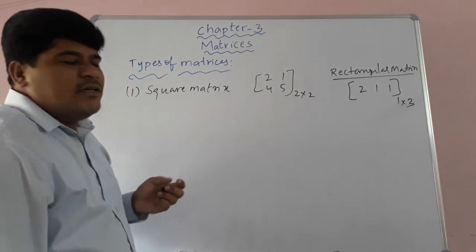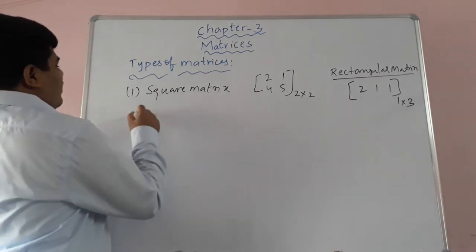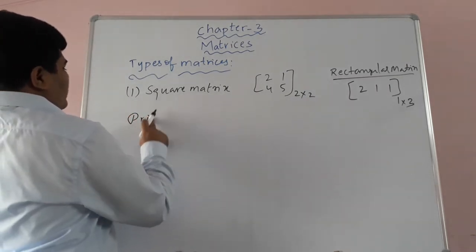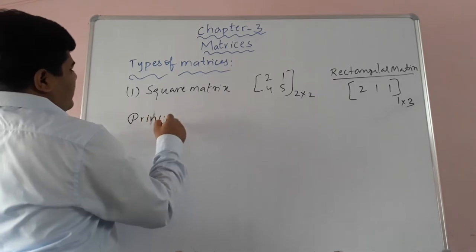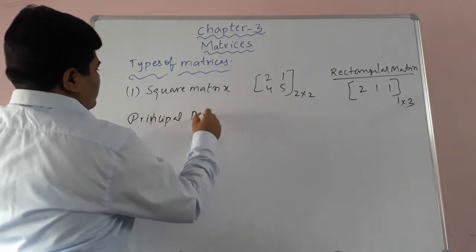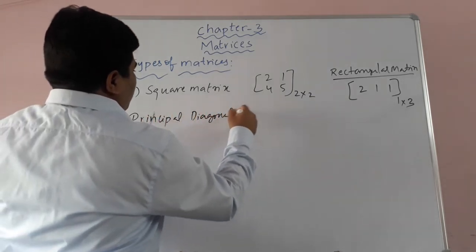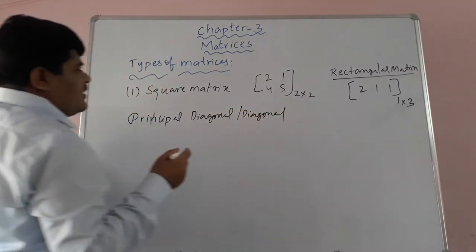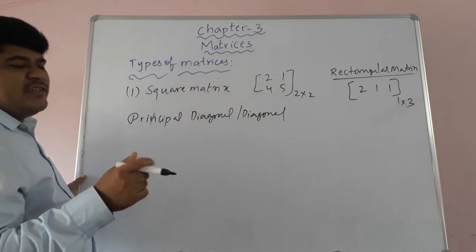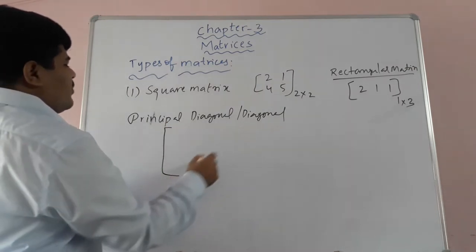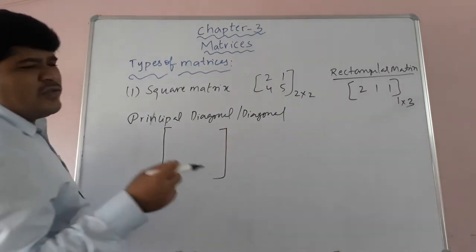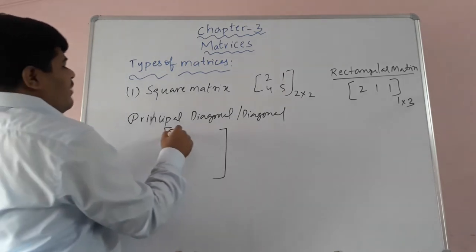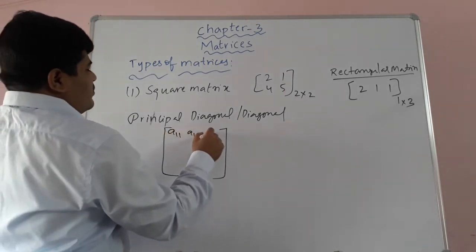So next, principal diagonal or diagonal. What is the principal diagonal? Children, it can be defined in square matrices. Suppose we take one square matrix, children. I am taking the elements like this: A11, A12, A13.